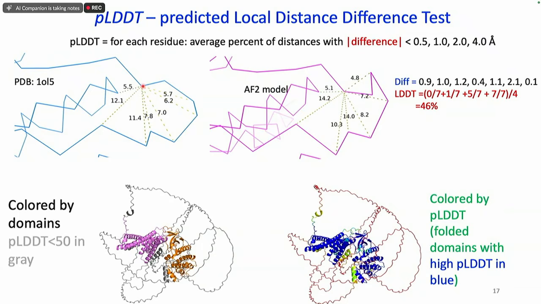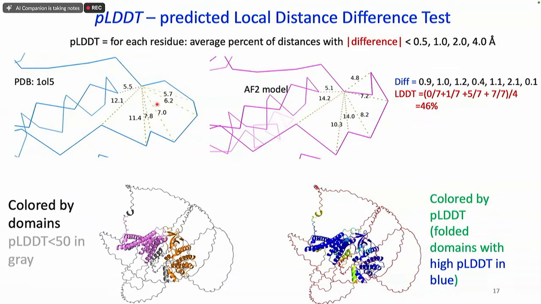And what I do is I measure the distances within a 15 angstrom radius around that atom. I'm only showing you a few of them, of all the other residues that are nearby within, say, 15 angstroms. And so I've given you 7 of those distances, 5.5 angstroms, 12.1 angstroms, et cetera. That's the crystal structure. Now I take that same list of distances and I look inside the AF2 model and I measure the same distances at some stage of the training.